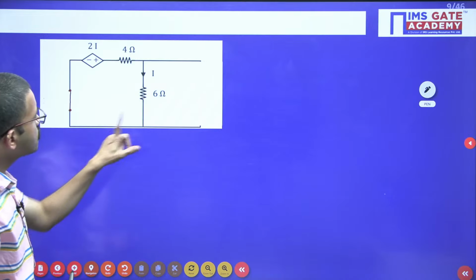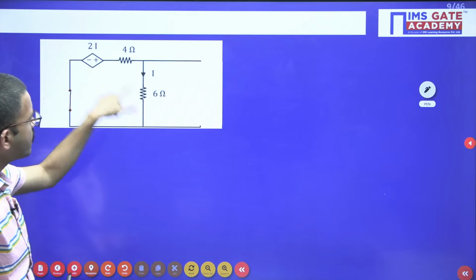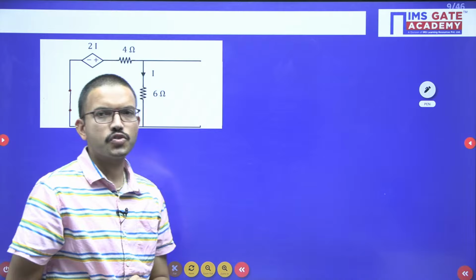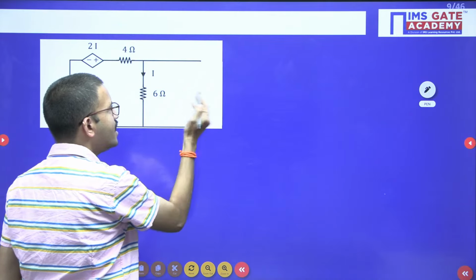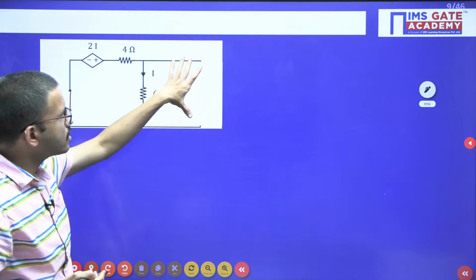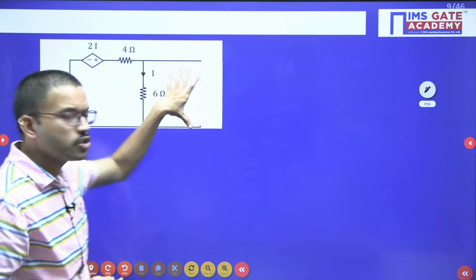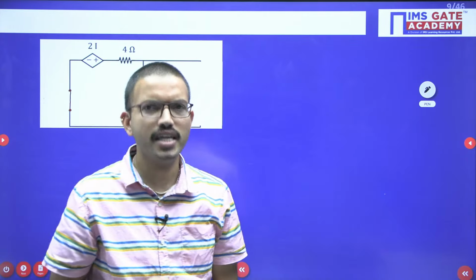Now if you observe across these two terminals, you have resistors, but in addition to the resistors you have simply a dependent source. So now we will connect one test source across these two terminals, where we are supposed to calculate RTH. We can connect either a voltage source or a current source.